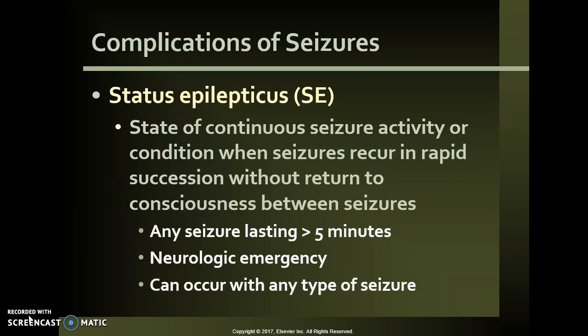The highest incidence of status epilepticus occurs in children and older adults. But basically what's happening is seizure activity, or a condition where many seizures occur in rapid sequence. So they're just seizing over and over and over again. It's the most serious complication of epilepsy.